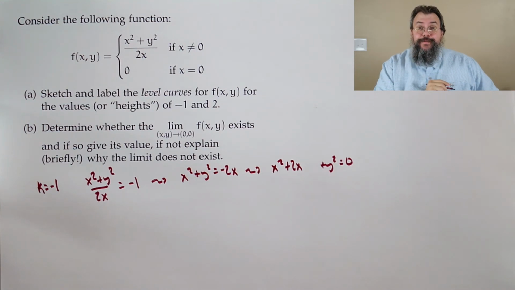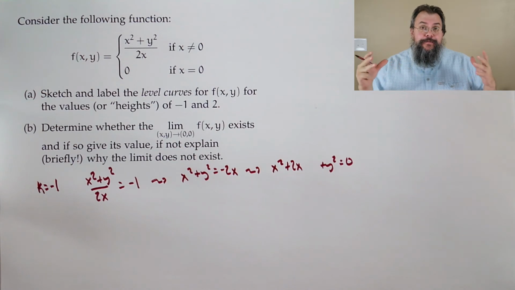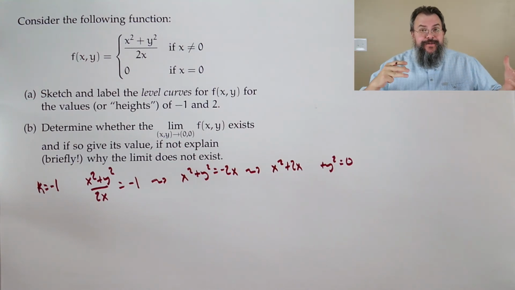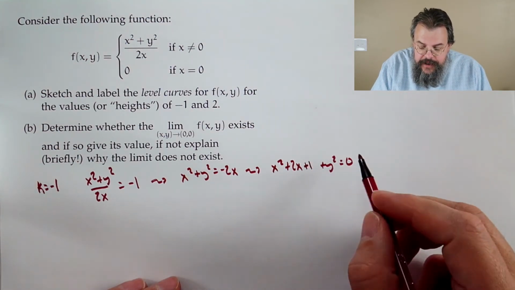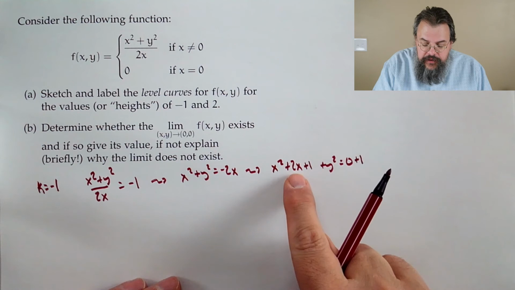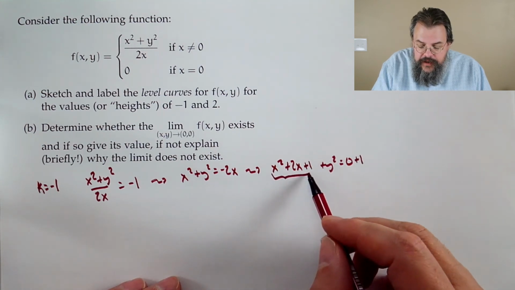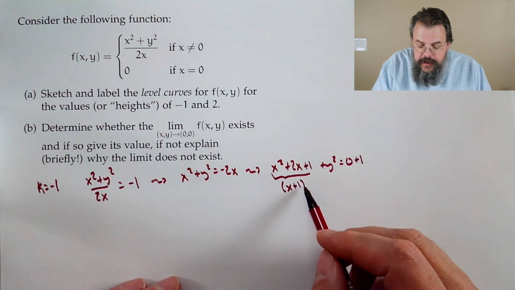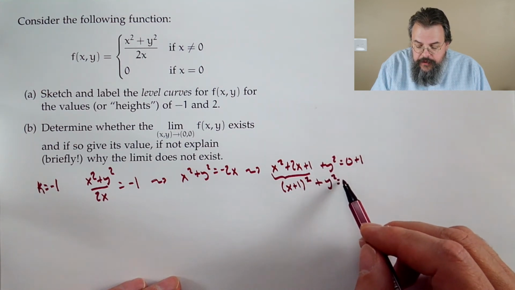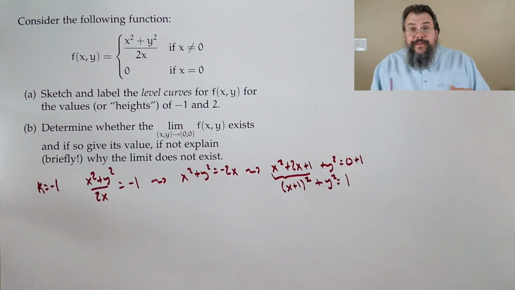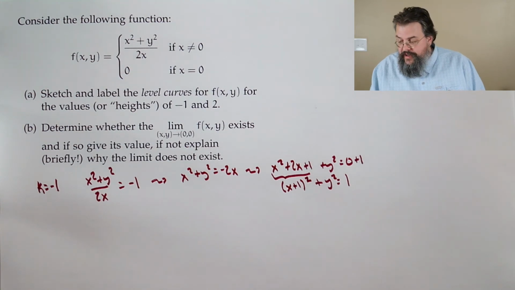Now you might say, you left a kind of a suspicious gap there, Steve. I did leave a suspicious gap. I wonder why. Well, because I see x squared and y squared, I'm thinking circle, so I'm thinking complete the square. So I'm going to add 1 to those locations, because now, perfect. This will be x plus 1 squared plus y squared equals 1. So, what does this look like?